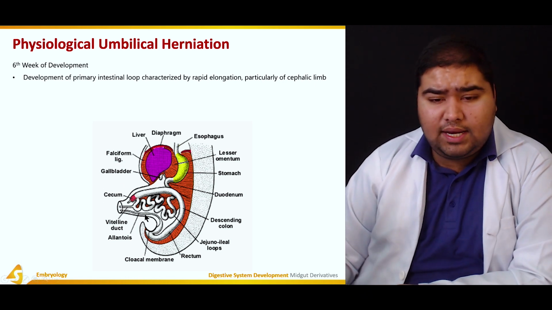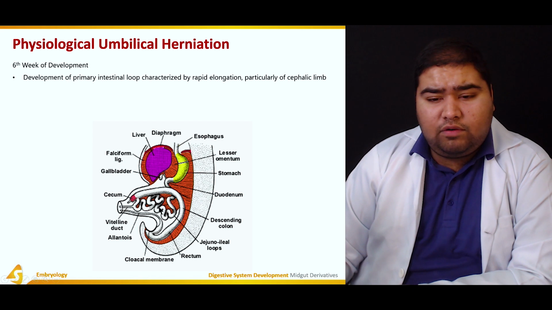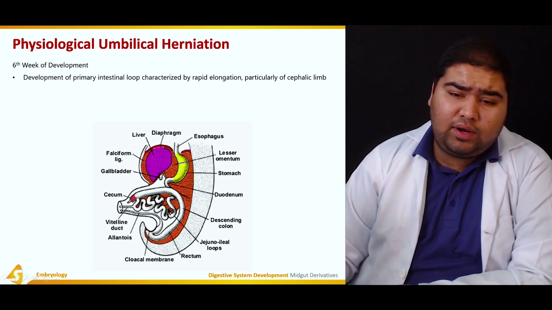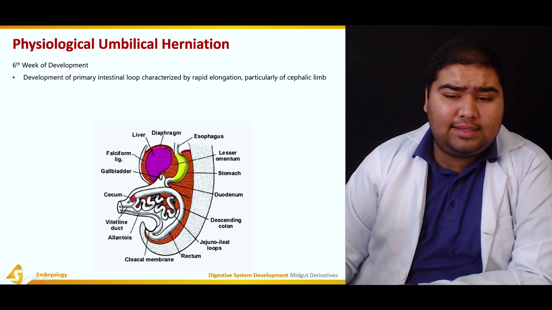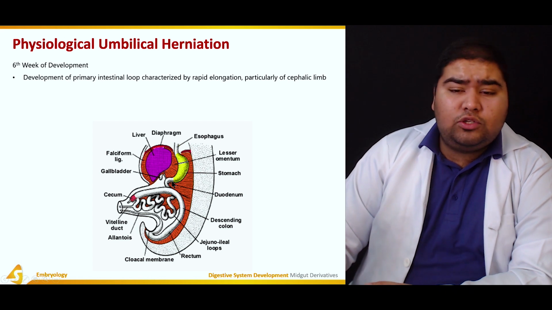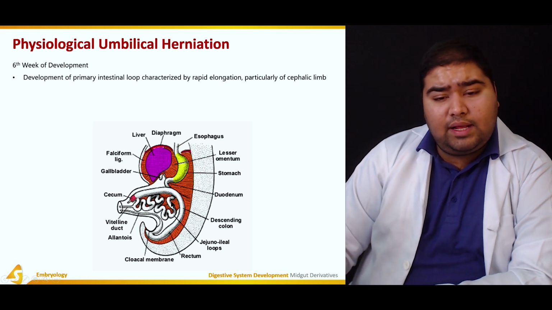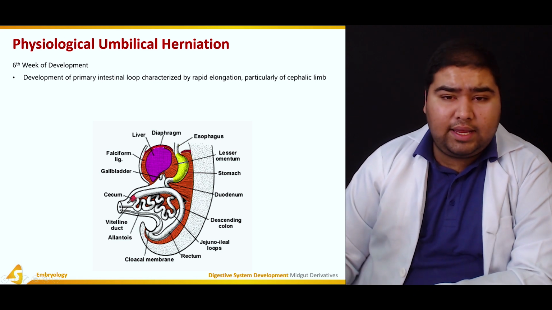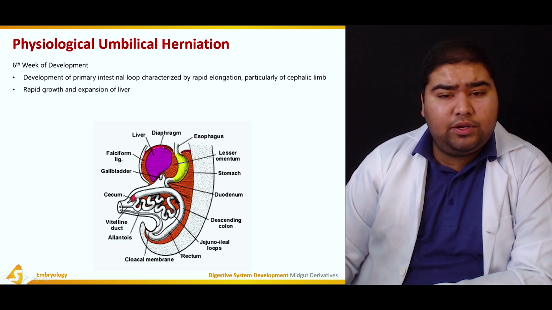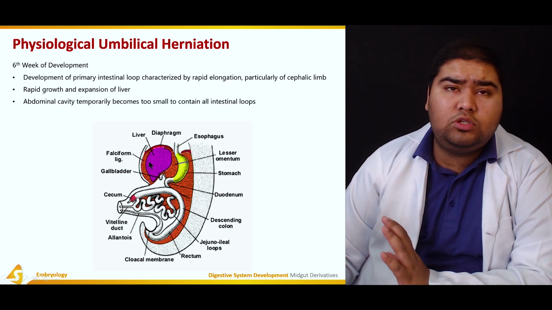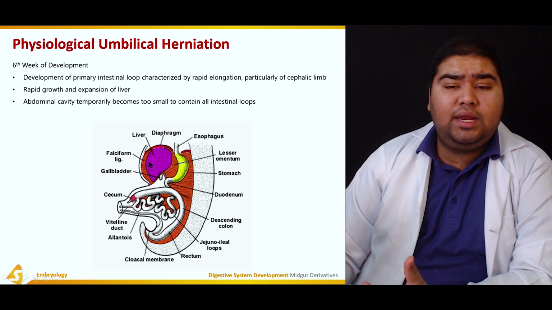Here you can see there is rapid development of intestinal coils. These intestinal coils cannot be contained within the abdominal cavity, as the abdominal cavity is small. So these intestinal coils have herniated into the yolk sac or the umbilical cord. There is also rapid growth and expansion of the liver. Here you can see it occupies almost all of the abdominal cavity.